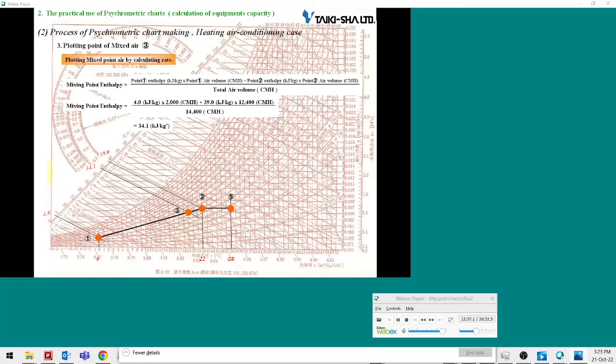The mixing point is positioned at a point on the coordinate line 34.1 of enthalpy connecting the outdoor air point to the return air point. When you consider heating, determine the temperature of the mixing point because the temperature of the mixing point is generally used. You can read the temperature of the mixing point to be 18.9 degrees Celsius.